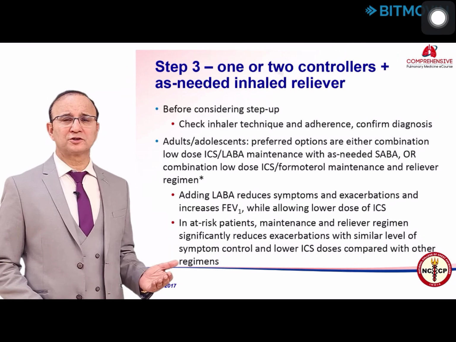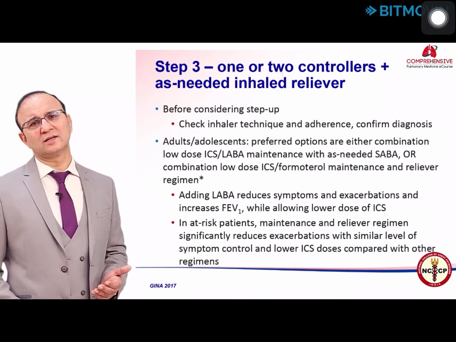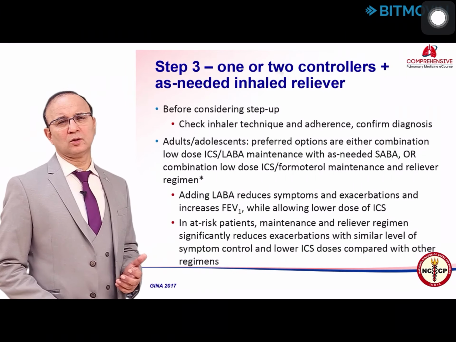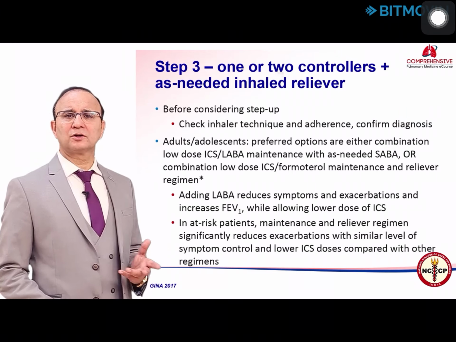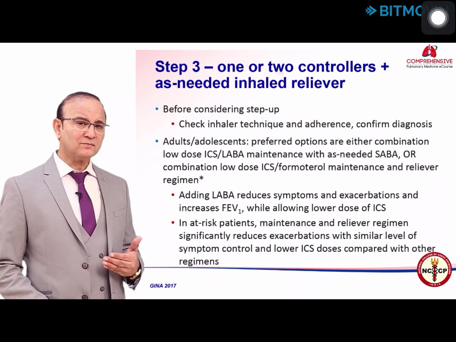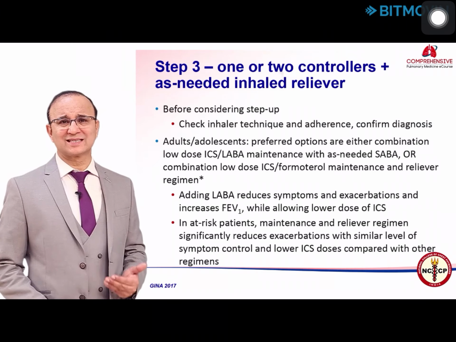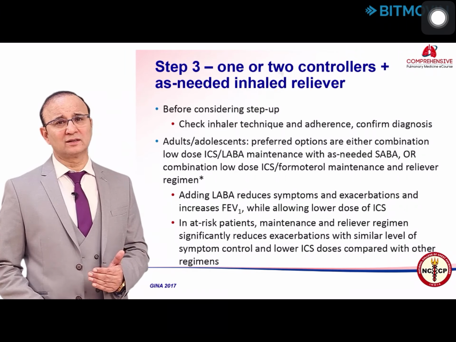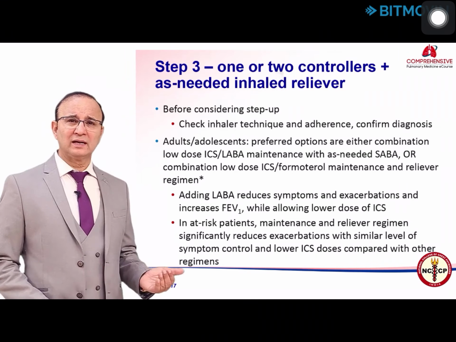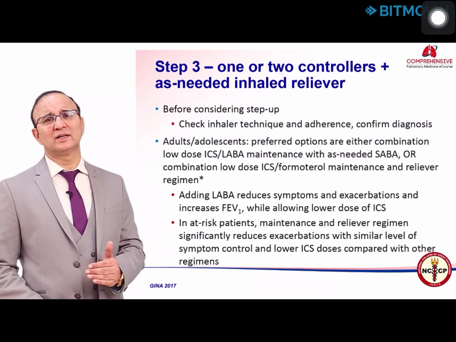That is a combination of low-dose inhaled steroids with long-acting beta-2 agonist, and as-needed SABA, or short-acting beta-2 agonist. Or you can also use a single inhaler which has a low-dose inhaled steroid and long-acting beta-2 agonist as a maintenance as well as the reliever.